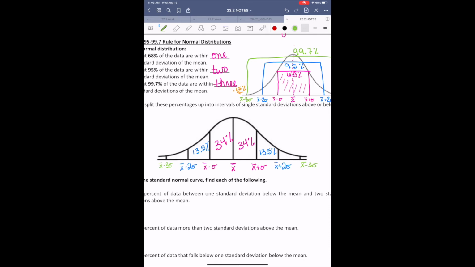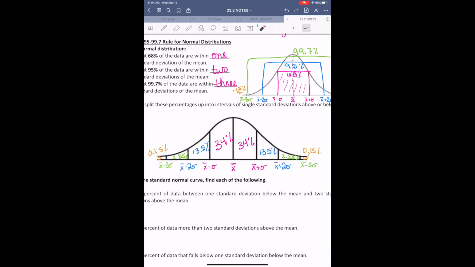And 4.7% divided by 2 gives us 2.35%. And then if we add everything up, again, we're missing those tail ends. Don't forget that after 3 standard deviations is that 0.15%. Okay, so adding all this up, you get 100%.